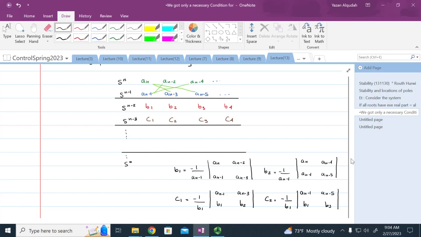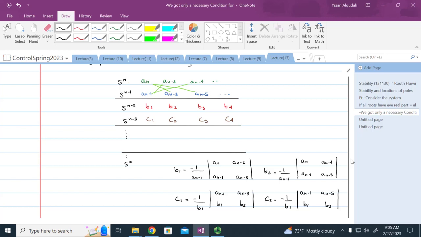When we calculate this row, it's negative 1 over this element, and then we take these two and calculate the determinant, then these two, and calculate the determinant. Make sense? So B1 is negative 1 over a_{n-1}, and the determinant established by these two. B2, negative 1 over a_{n-1}, the determinant established by these two, and so on.